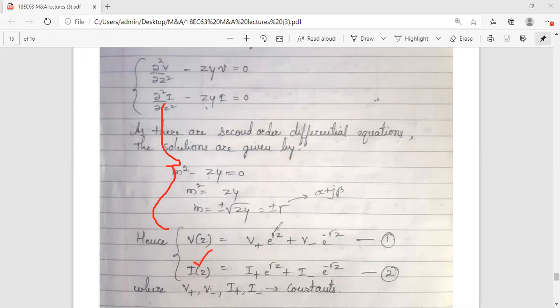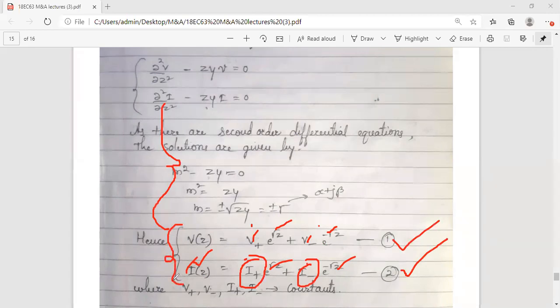The current equation will have the same exponential terms, but you cannot take V plus and V minus as the constants, because the constants may or may not be the same. So let us take a different value: I plus and I minus, indicating the current. So equations 1 and 2 are actually the solution for your transmission line equation.